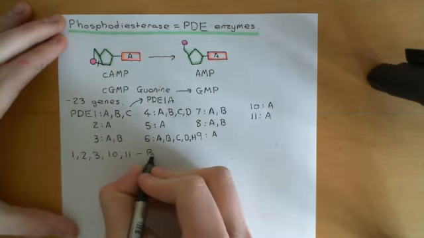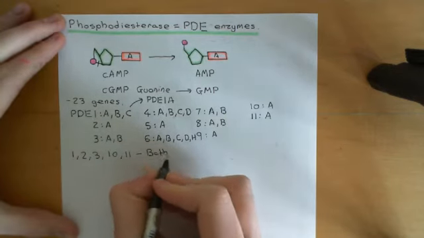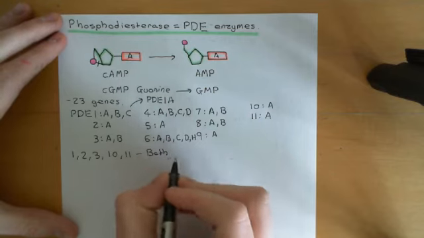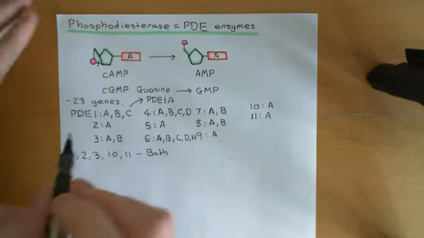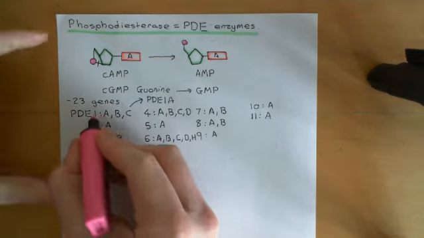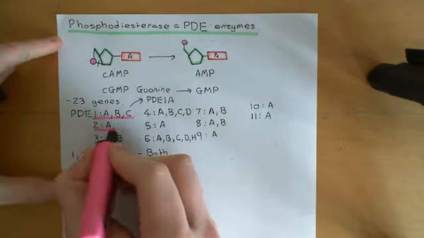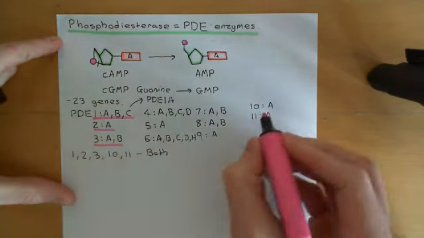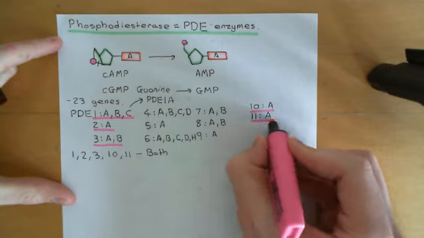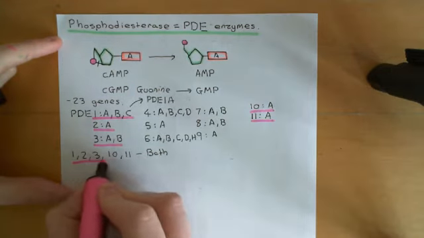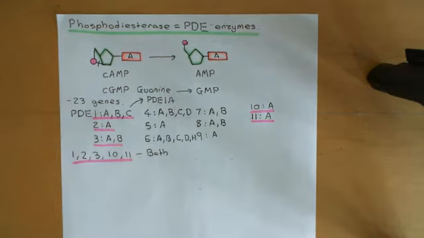They break down both cyclic AMP to AMP and cyclic GMP to GMP. So all of the members of family number 1, all the members of family number 2, all the members of family number 3, and all the members of family 10 and 11, they all break down cyclic AMP and cyclic GMP to AMP and GMP respectively.